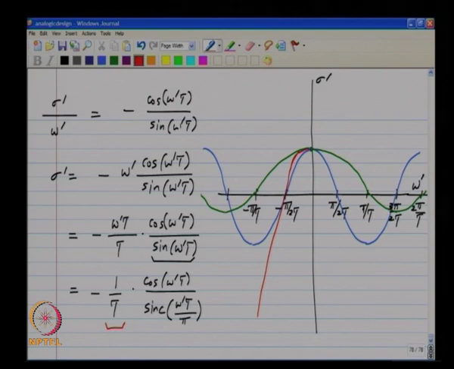Okay. And again at pi by tau it goes off to minus infinity. And if you look at the next segment between pi by tau and 3 pi by 2 tau, or minus pi by tau and minus 3 pi by 2 tau, the result is again positive. So, there is a discontinuity here.